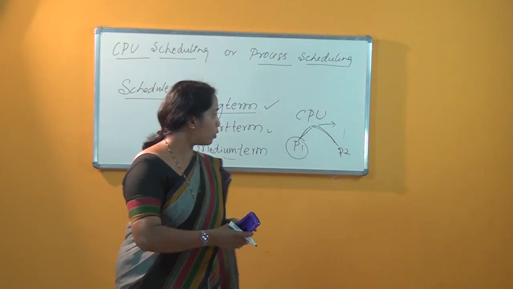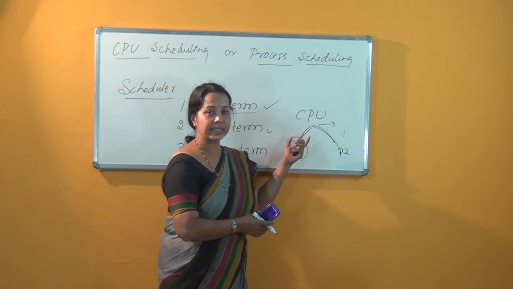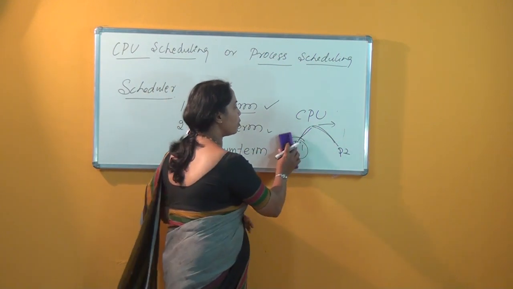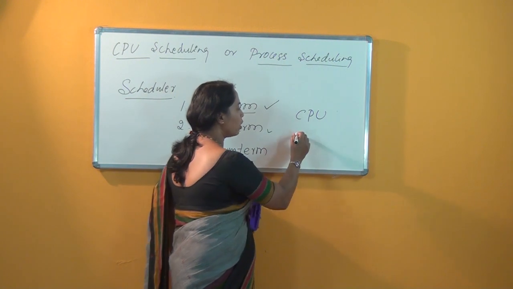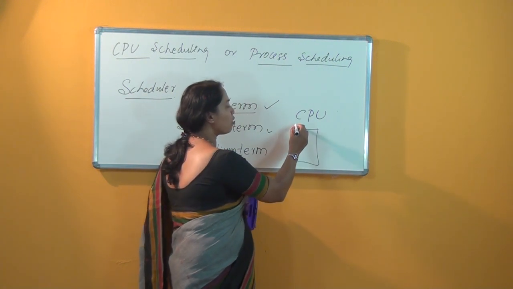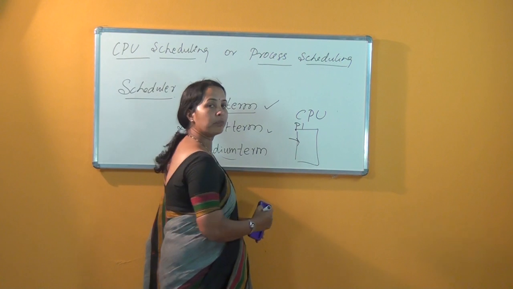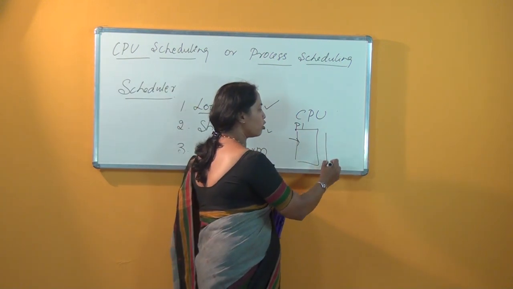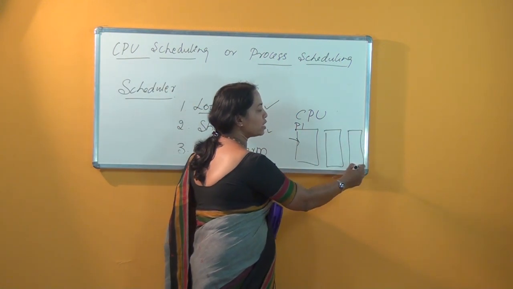Today the CPU also supports multiple register sets. All the information of process 1 is loaded or copied to one register set, and there will be other free register sets.